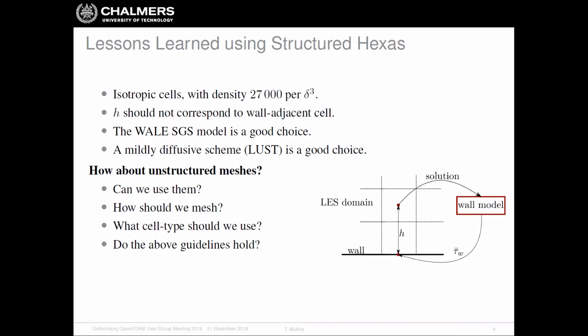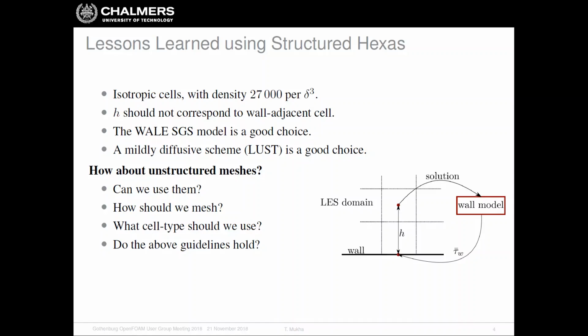And the fourth one concerns the convective scheme, or the discretization scheme for the convective fluxes. What we recommend is using some mildly diffusive scheme. For instance, LUST is a good choice. This is again different from what we saw with well-resolved LES, where we typically used simply linear interpolation, which is unbounded, but nevertheless we could get very accurate, nice results without having any problems with oscillations.